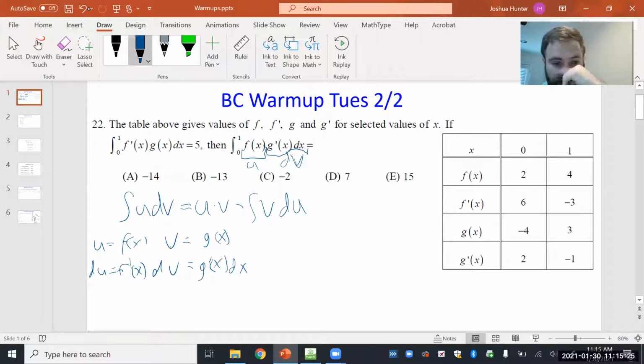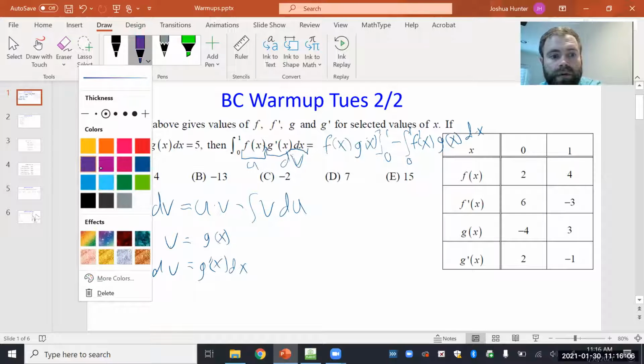So now, what comes next is u times v, which would mean f times g, evaluated from 0 to 1, minus the integral of v du. So g f prime. I'm going to put it in order f prime g, because that's how they wrote it over there: the integral from 0 to 1 of f prime g of x dx.